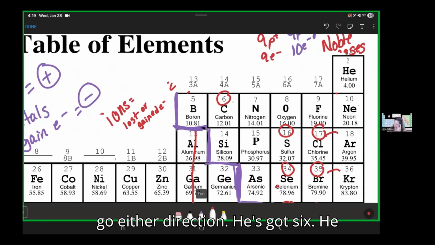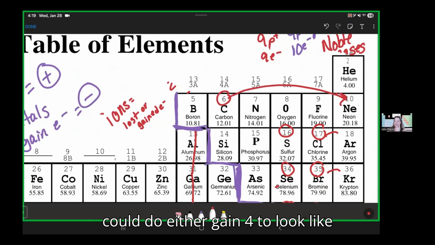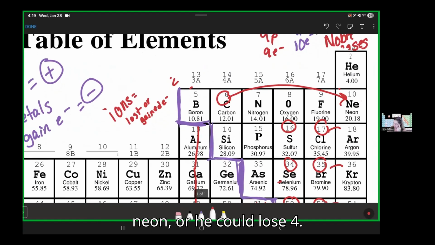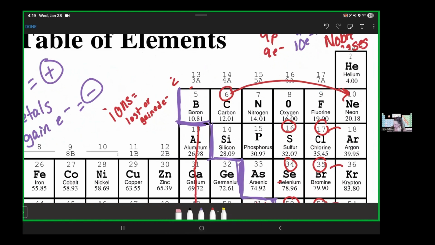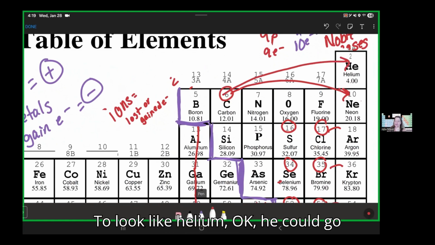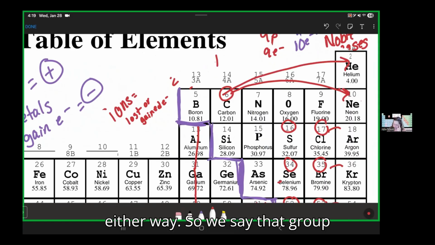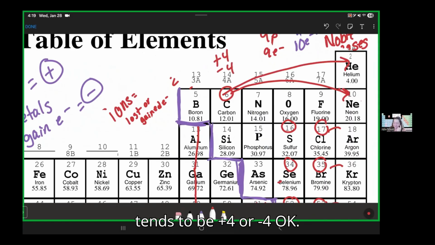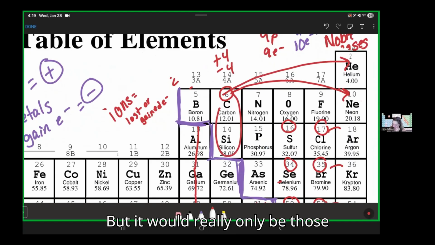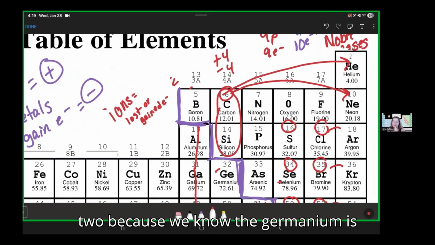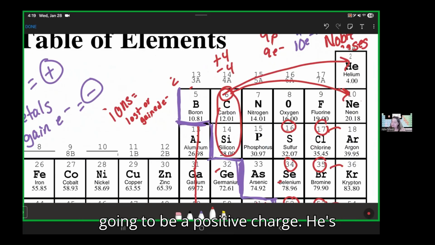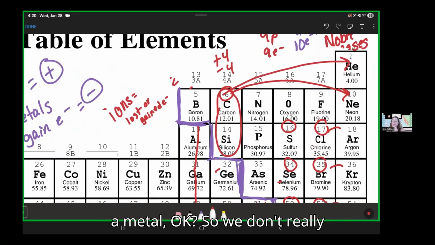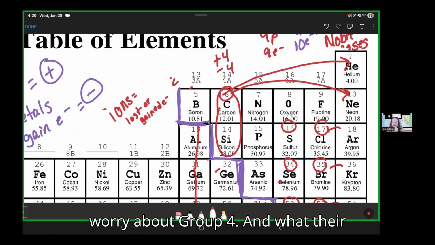He's got 6, he could either gain 4 to look like neon, or he could lose 4 to look like helium. Okay, you could go either way. So we say that group tends to be +4 or -4. Okay, but it would really only be those 2 because we know germanium is going to have a positive charge. He's a metal.